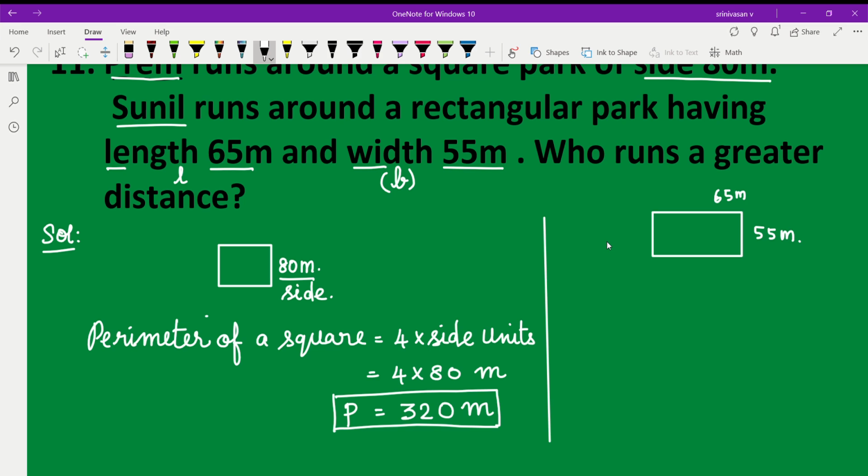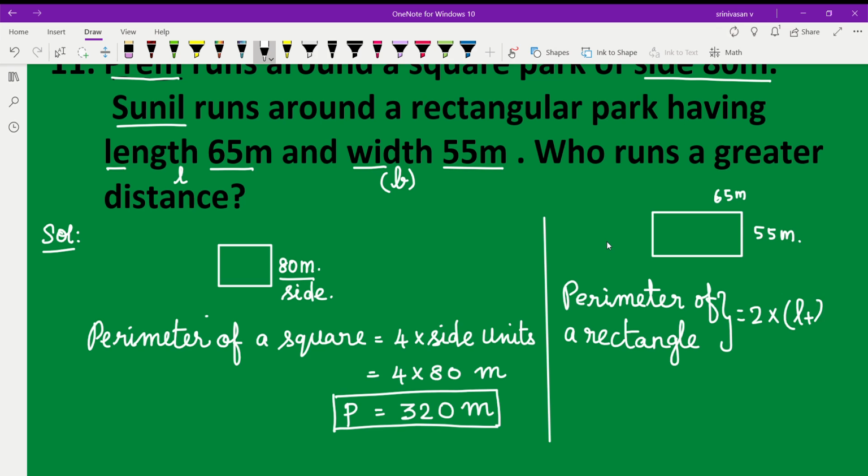Let us find the perimeter of a rectangle. The formula is 2 into (L plus B) units. This is the formula. Now we will substitute the values.